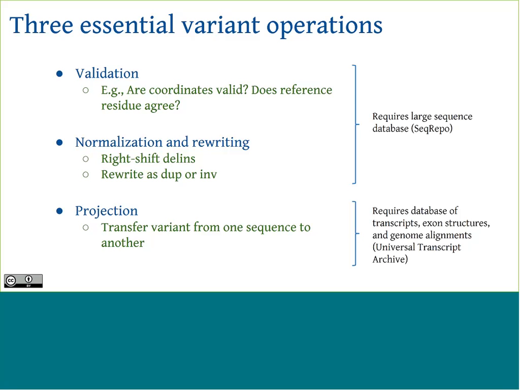Importantly, both of those operations, validation and the normalization components, require a database of sequences. In order to normalize or validate a sequence, you of course have to have the underlying sequence.